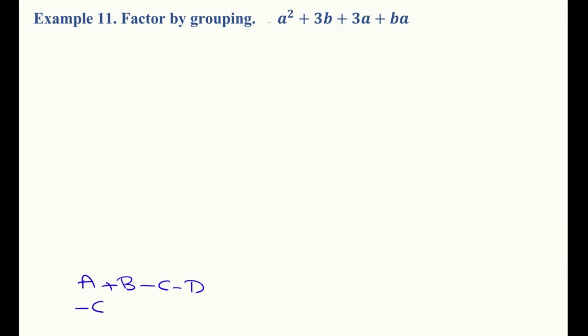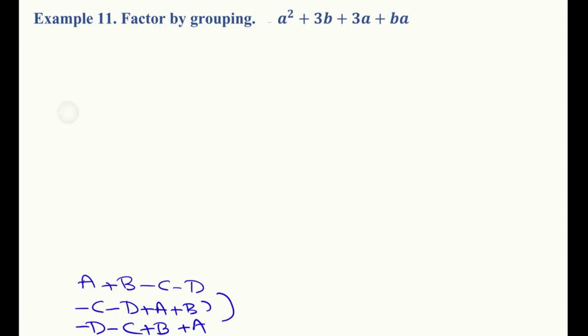So you could go negative C minus D. Notice how both of them kept their sign, and then plus A plus B, like that. Let's say I want you to put it in reverse alphabetical format. Then you would just go negative D, negative C, plus B, plus A. These are all the same. They're all the same value. So as long as the term keeps its sign, it can move anywhere in an expression.